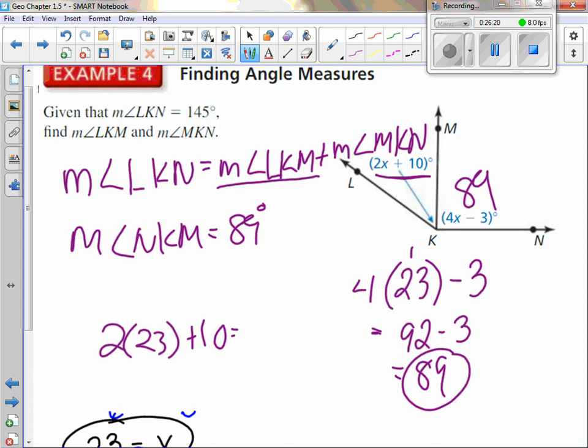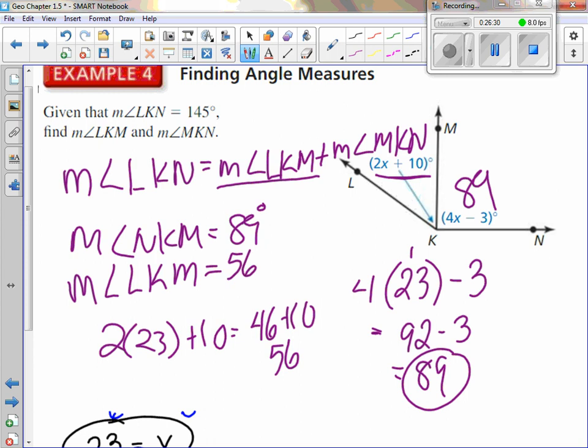So 2 times 23 would be 46, plus 10 is 56, and those are our two angles. Okay, good. I started recording again.